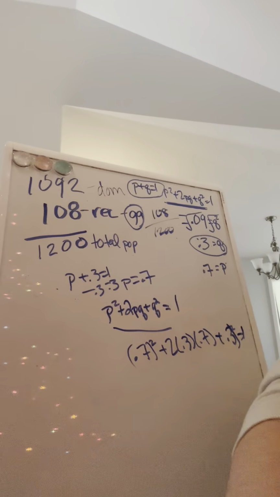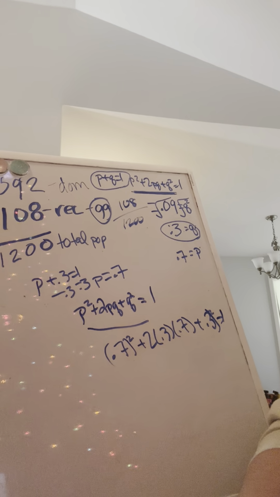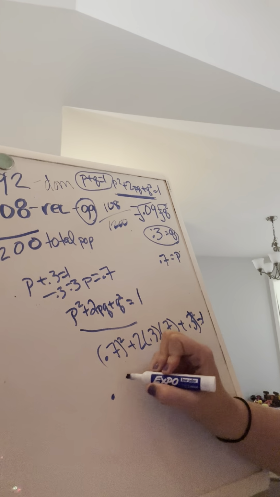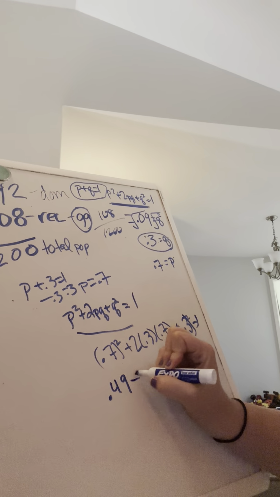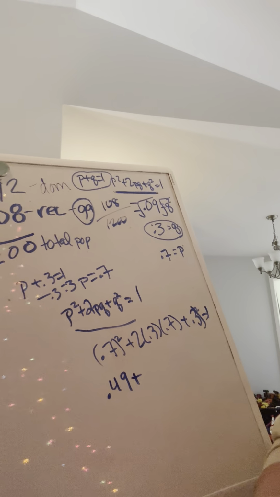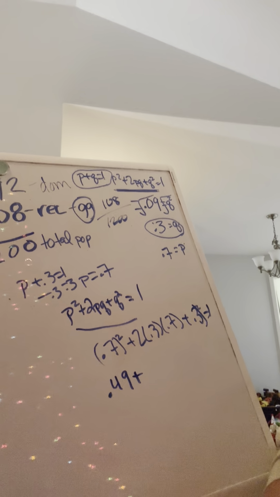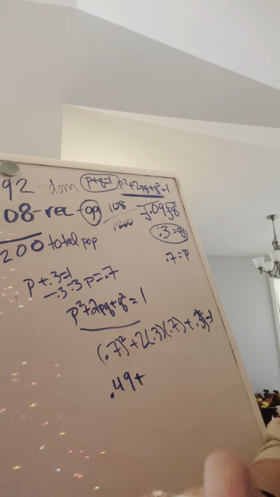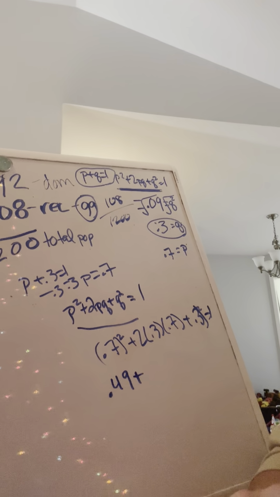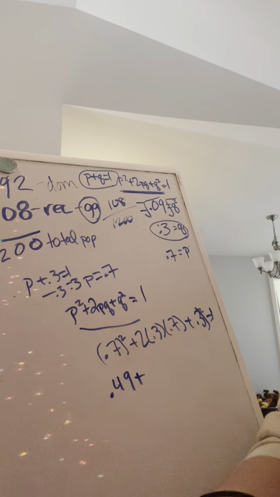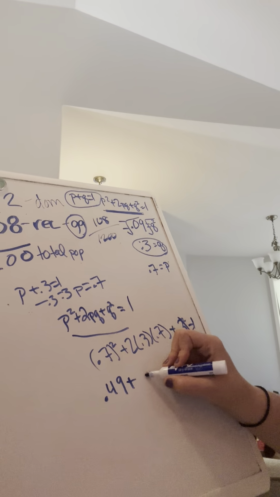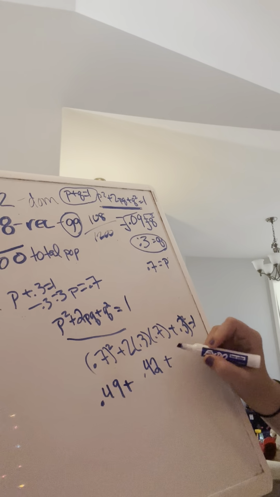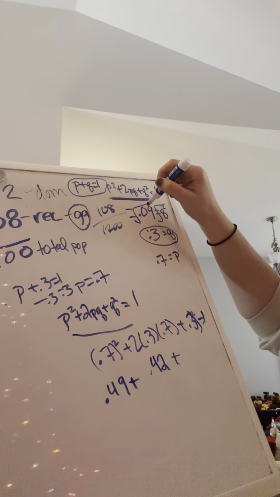So you got 0.7 squared, 0.49, plus, all right, 2 times 0.7 times 0.3 equals 0.42, plus, we know 0.3 squared is 0.09 from up here, right?